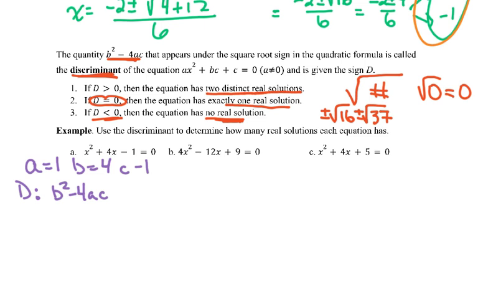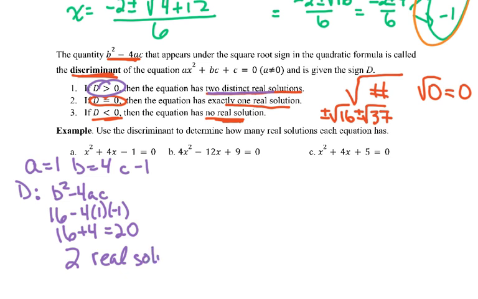That's going to give us 4 squared is 16 minus 4 times 1 times negative 1. That is 16 plus 4, which is 20. And 20 is greater than 0, so that means we're going to have two real solutions. And what does distinct mean? It means two different real solutions.